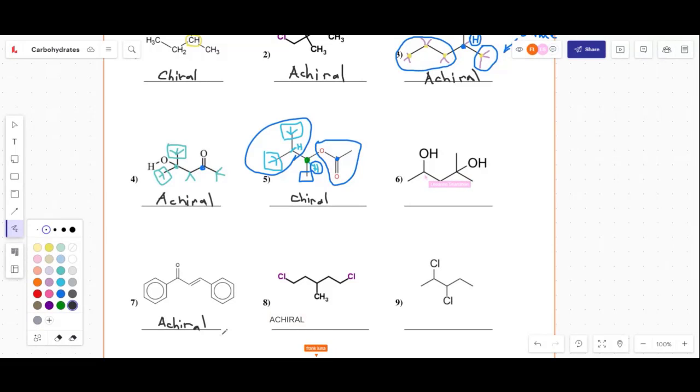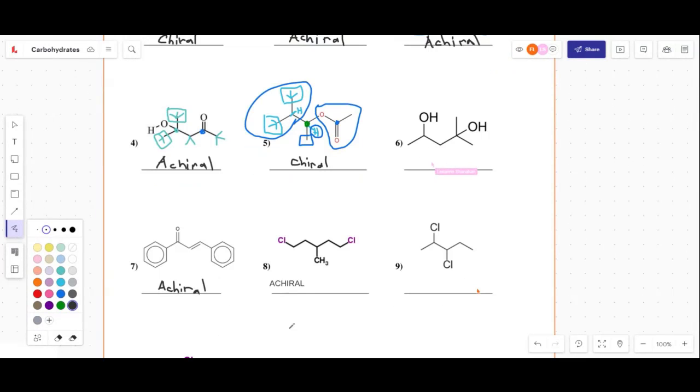Very good. No chiral centers there. Leanne's still thinking about it. 6 is chiral. Yeah, yours is chiral. Very good. Now, where is the chiral carbon? Can you put a dot on the chiral carbon?